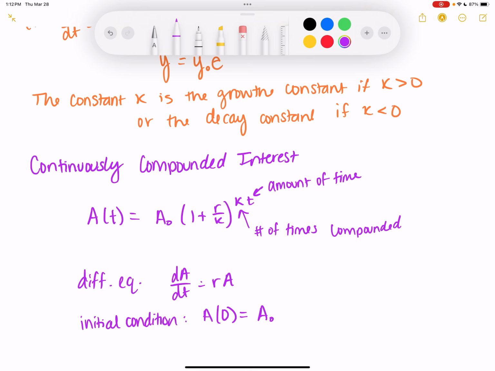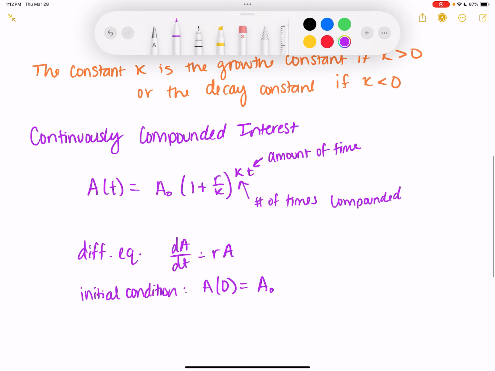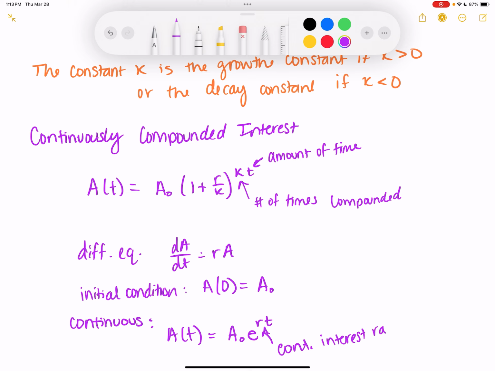And so the amount of money in the account, if it was done continuously, would be A of t is equal to A sub 0 e to the rt, where r is the continuous interest rate. They would have to give you that number. It's usually given as a percent, and you would need to make it a decimal.